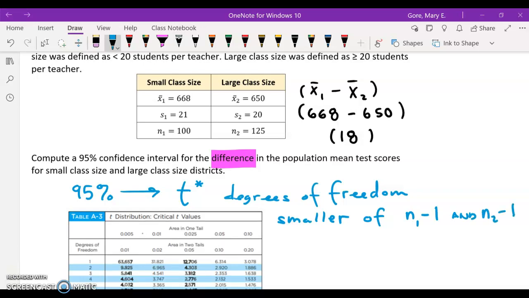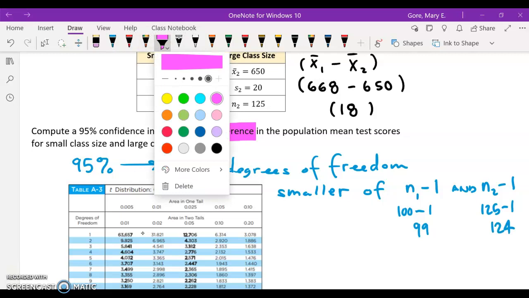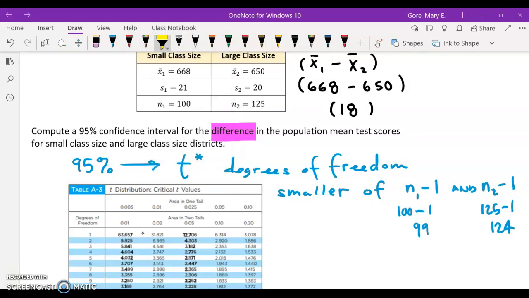So for our situation, that's going to be 100 take away 1 and then 125 take away 1. So we've got 99 and 124. So we're going to take the smaller of those two numbers. And so the 99 is the degrees of freedom we're going to use when working with the table to the left.